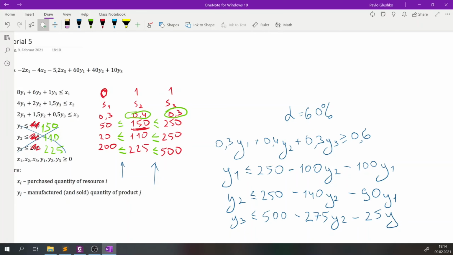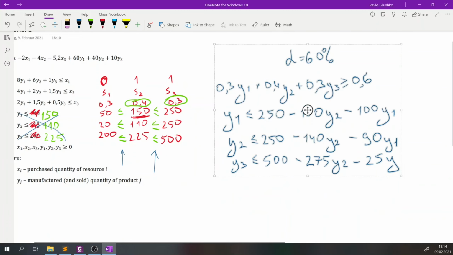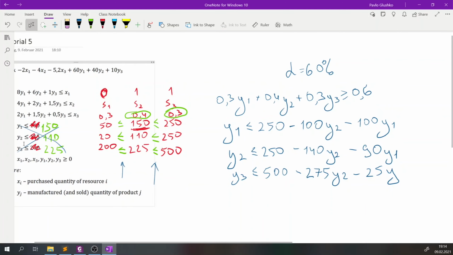So these are constraints for all demand, for all the products, for all the constraints that have stochastic elements. And now let's check what else do we need to add here.